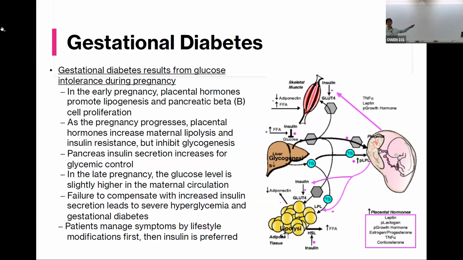So that makes a condition of diabetes in pregnant women. Of course they can change lifestyle, some modification, but if it's really bad, then they have to take insulin, especially if their body cannot compensate for the severe hyperglycemia.